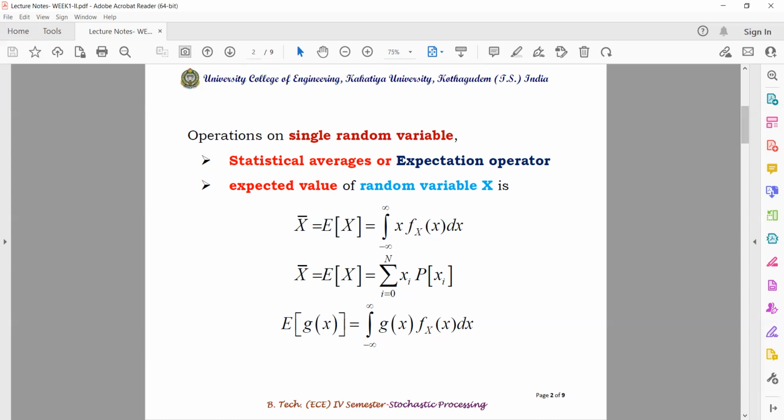So here the probability comes into the picture: what is the probability that the noise voltage is greater than 2.5 volts? This is how the scenario of noise comes into the picture in a digital communication system.